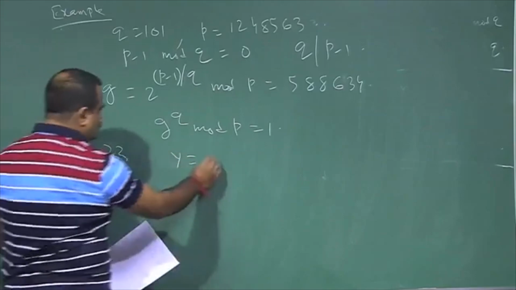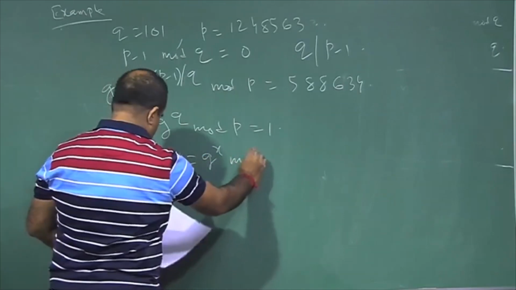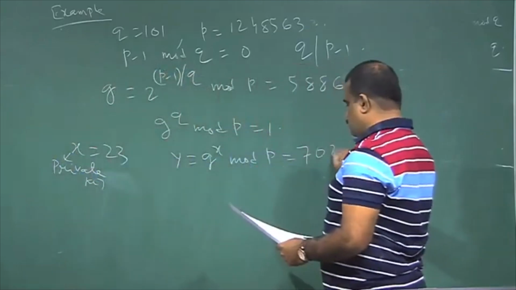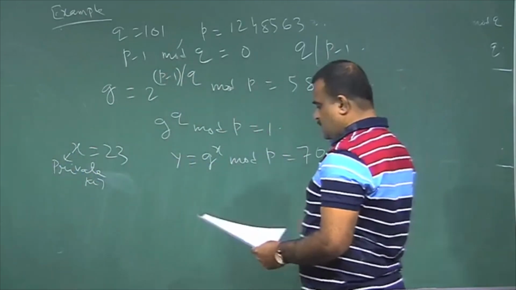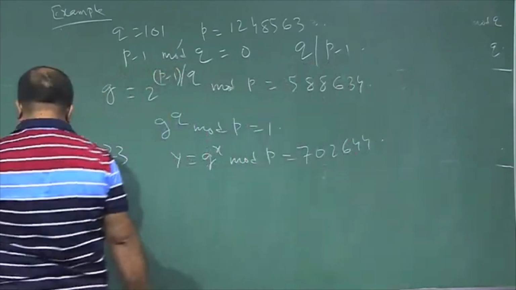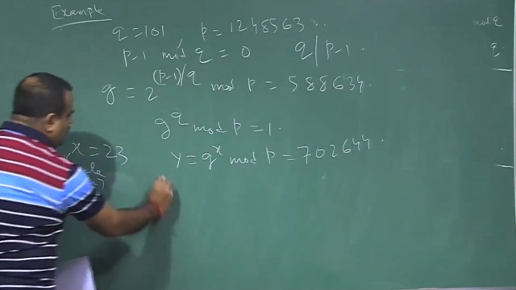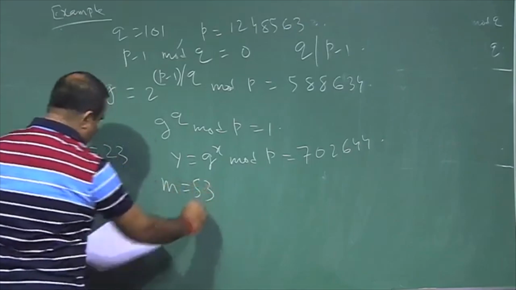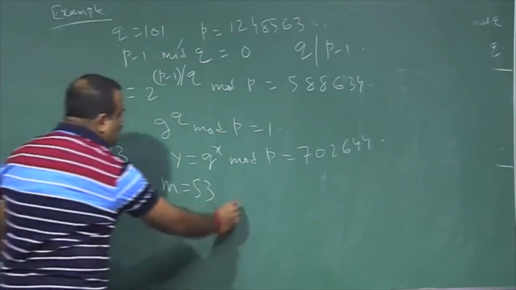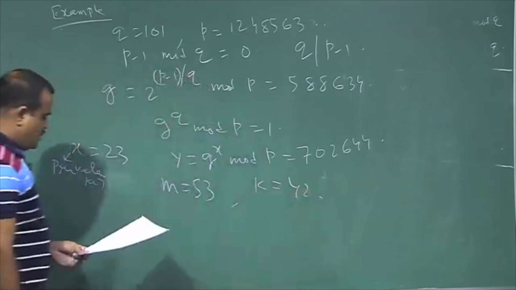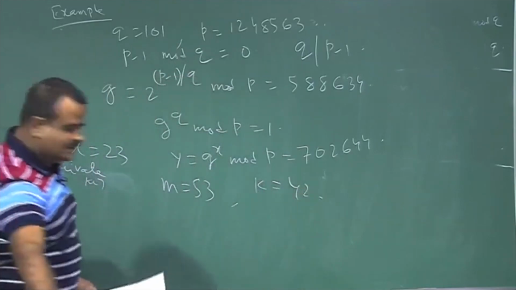Y is basically g to the power x mod p, which is basically 702644. Okay. Now suppose we have a big message and we convert it and we got small m equal to 53, and we choose k equal to 42. Then we have to compute r and s.